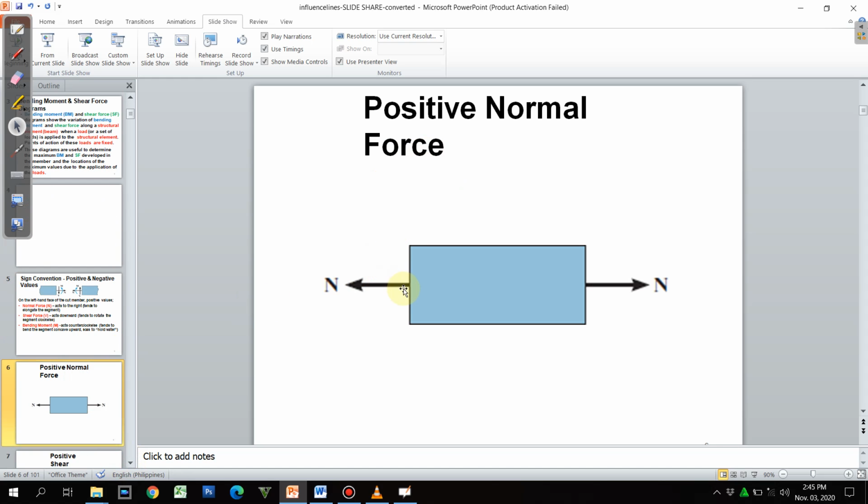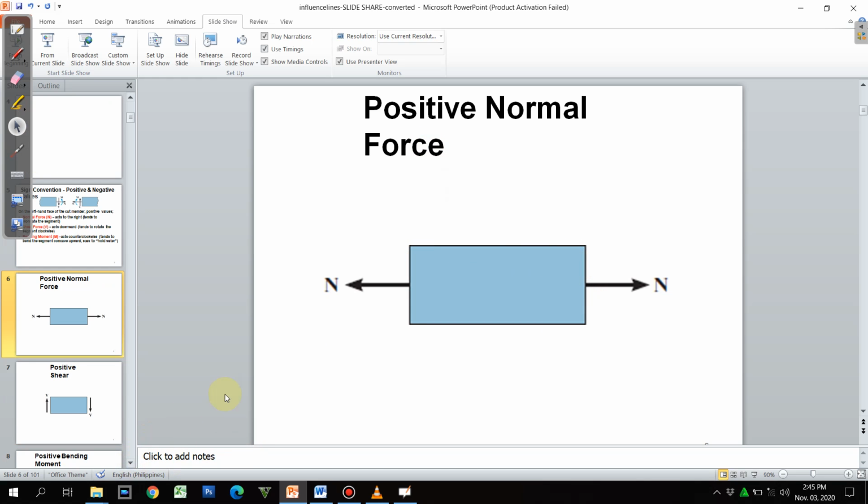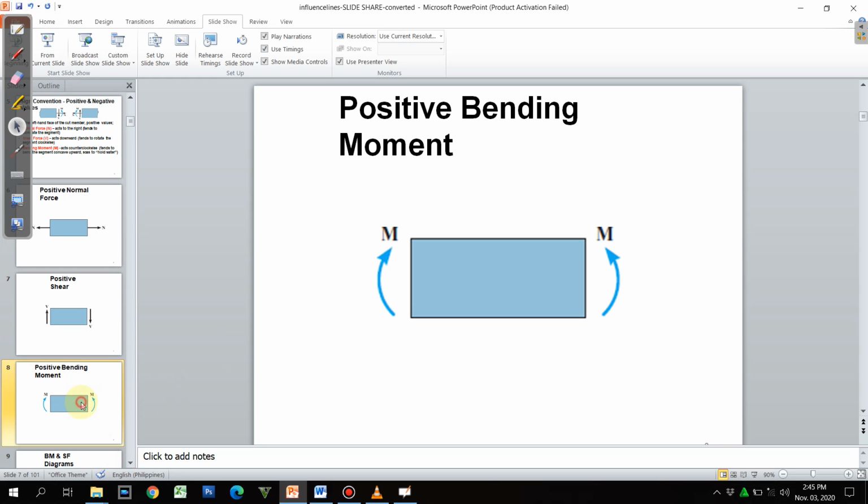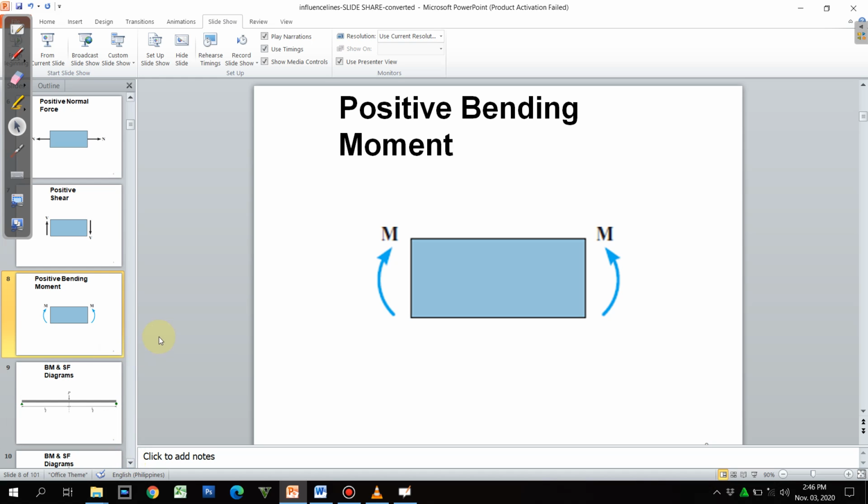So this is just a review wherein a positive normal force has the arrow away from the joint, a positive shear tends to rotate your member clockwise, and a positive bending moment is bending your member upwards as if it is holding water.